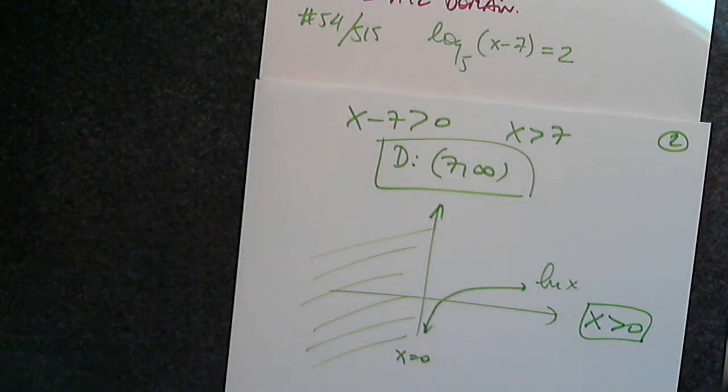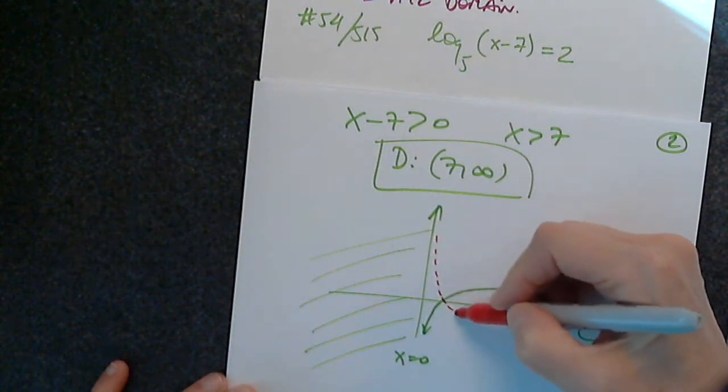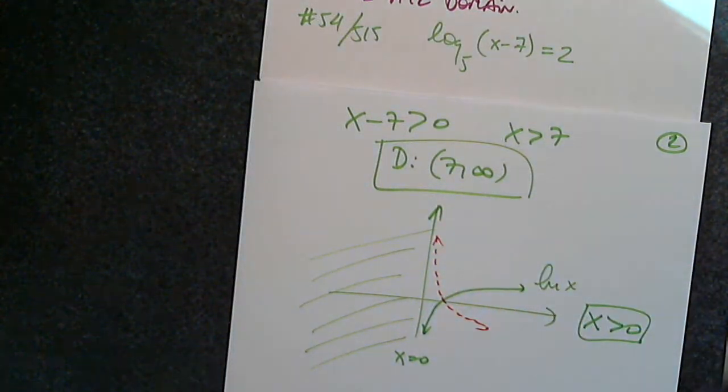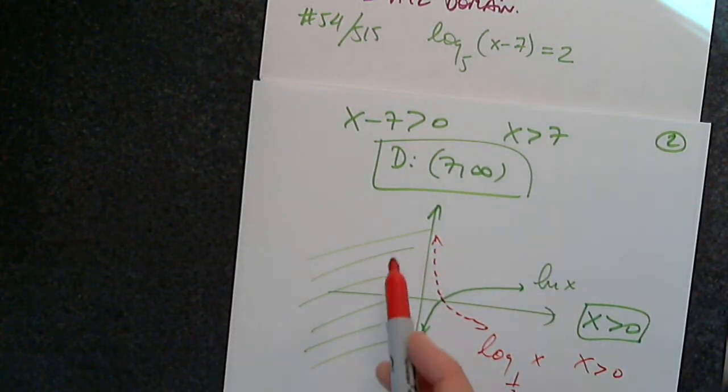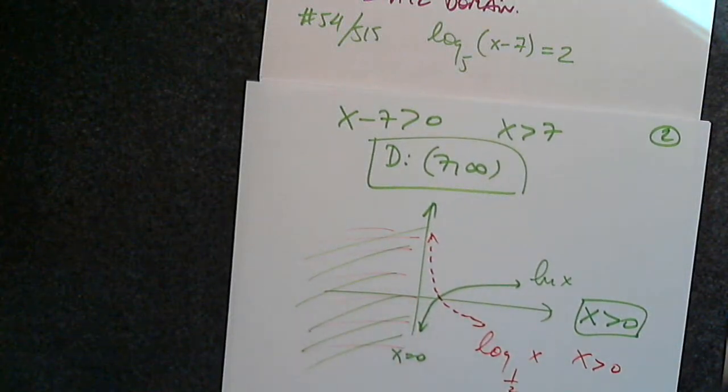Even if we look at the other one, with a base less than 1, it will look like this. Let's say log base 1/2 of x. Still x must be greater than 0, because there is nothing on this side. And it still has the same vertical asymptote, that is x equals 0.